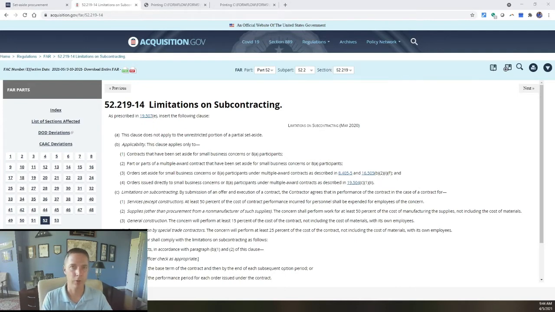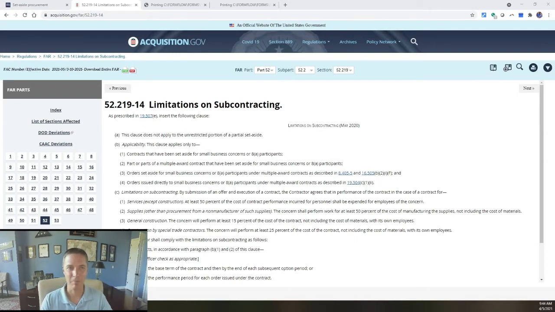If you are a small business that won a full and open competition, or you are a subcontractor on a federal contract, then this does not apply to you. So if you are a small business awarded a federal contract as a prime that was set aside in its competition, then this conversation applies to you.